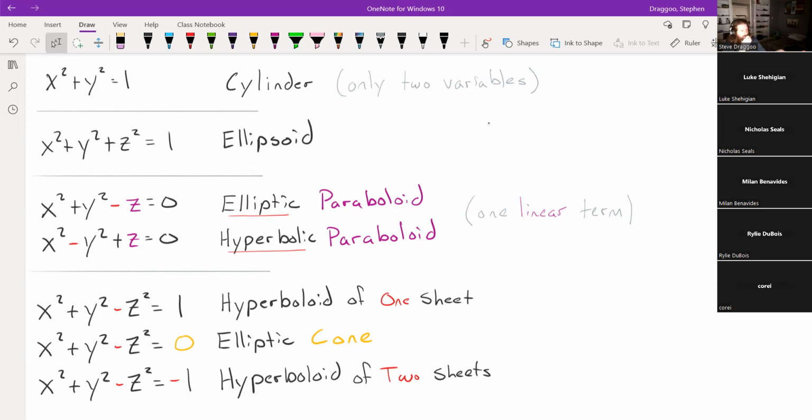I'm going to group it so that all of my square terms are on one side, and I'm going to put my constant term on the other side. So x, y, and z all on one side, number goes to the other side. And then I'm also going to organize it so that I have two positive terms and one negative term.